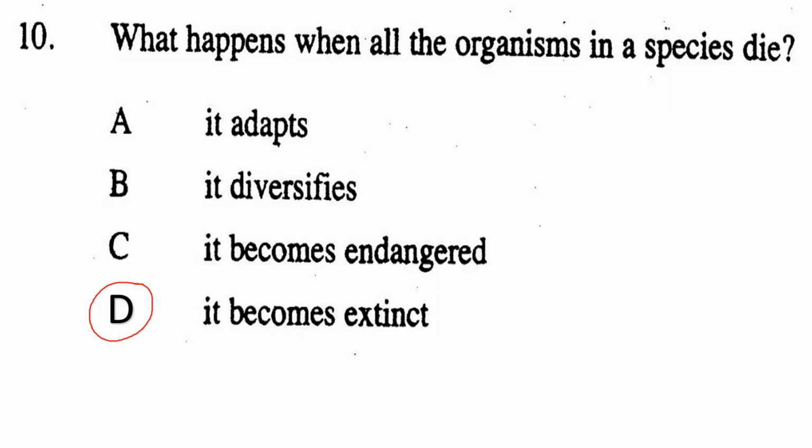Darnie, can you read this for me, please? And tell me, no, don't read it. I just want you to tell me what happens when all organisms in the species die. They become extinct. Very good, it becomes extinct.